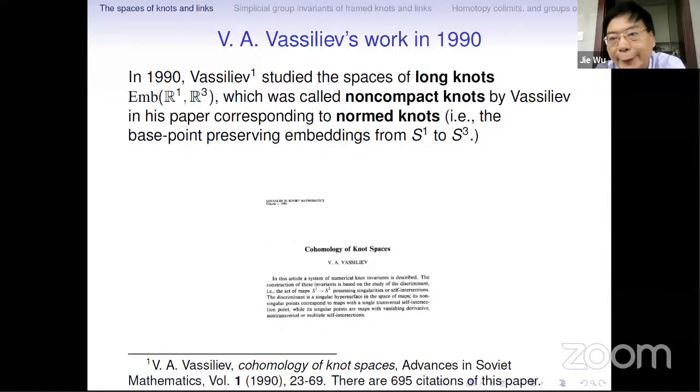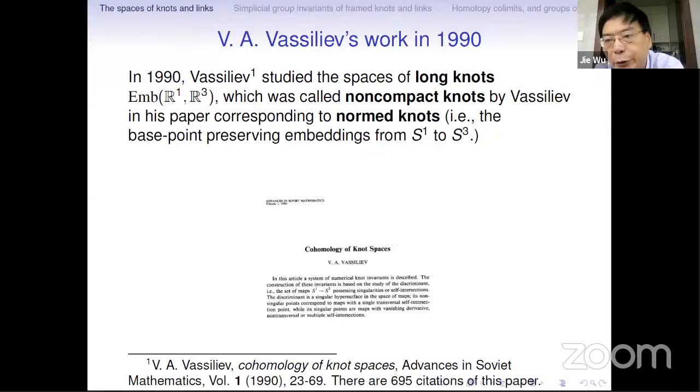If you look at how Vassiliev introduced his invariants, he already used algebraic topology, rather than the standard methods in low dimensional topology. You look at the space of knots, which was studied by Vassiliev, and then produced the Vassiliev invariants.